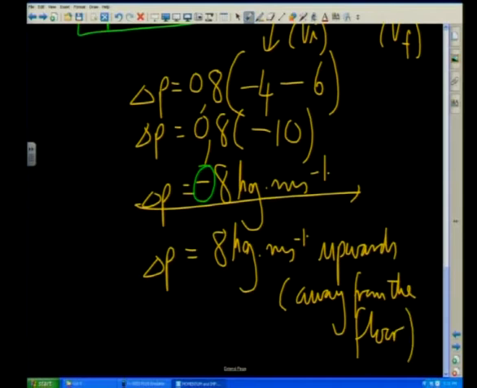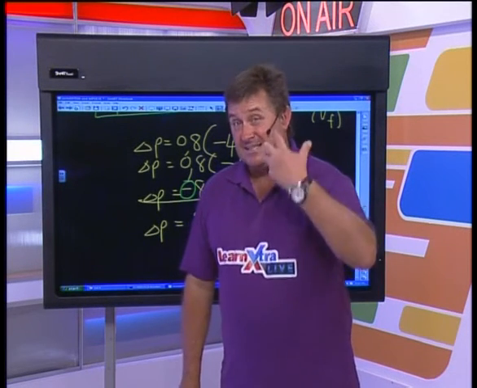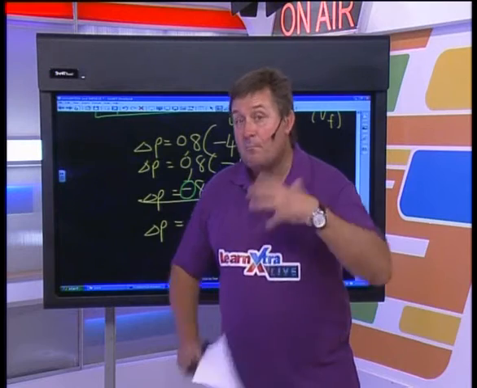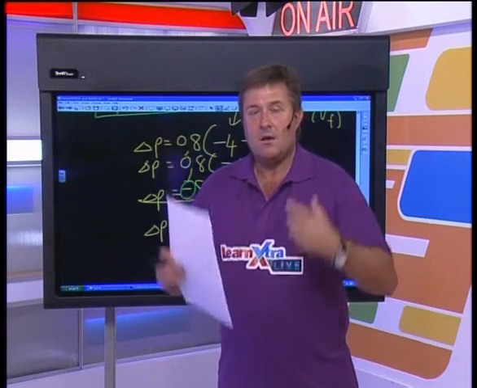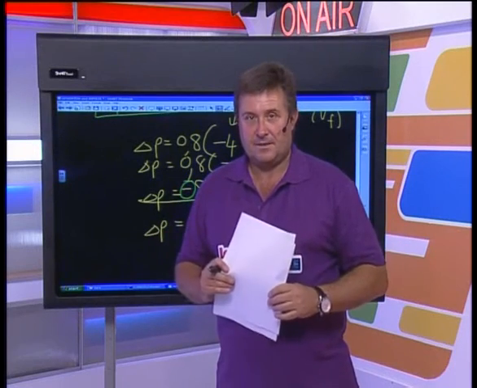Okay. All right. And that, guys, is going to make an examiner very impressed, because he now knows that you're interpreting your signs correctly and you're understanding the vector component of momentum, which is very important. Okay. So, guys, that's how we handle our change in velocity.